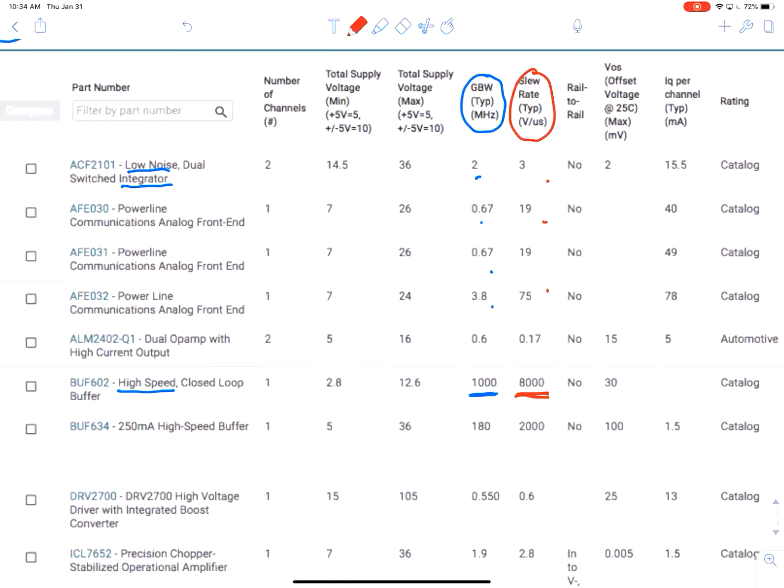Otherwise, you produce distortion at a much lower frequency, and the gain bandwidth product means nothing if your slew rate doesn't keep up with your application frequency and amplitude. So they always come hand in hand, and you can see different combinations of those.